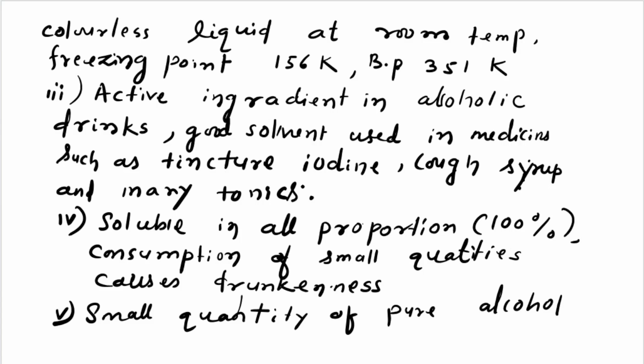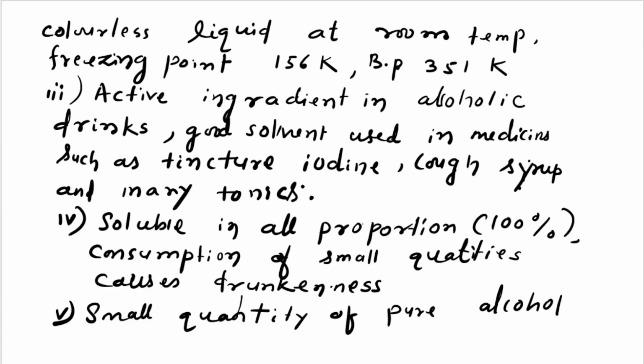It is soluble in all proportions, 100% soluble. Consumption of small quantities causes drunkenness, which is also very dangerous. Again, this is the main ingredient of alcoholic drinks, and it is a good solvent that dissolves many organic compounds.